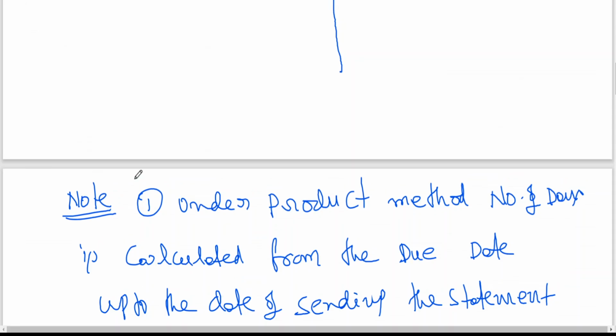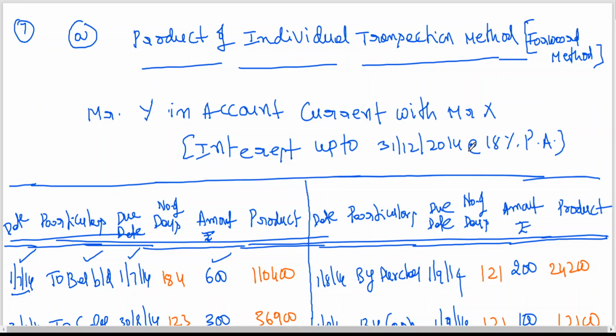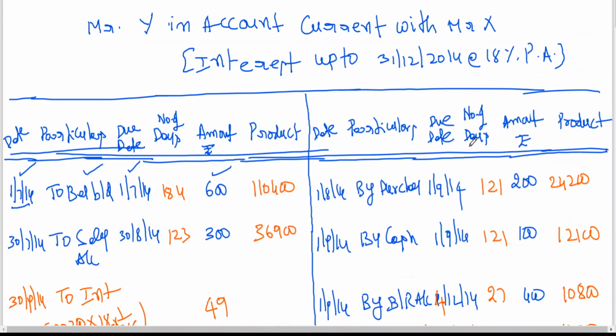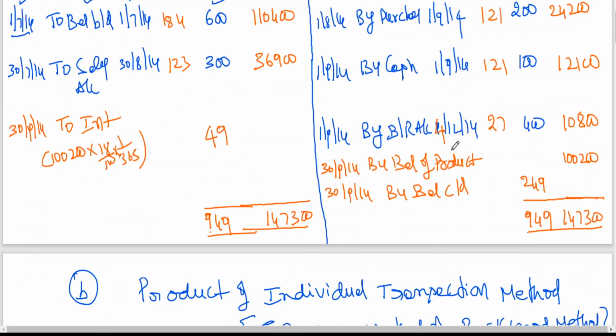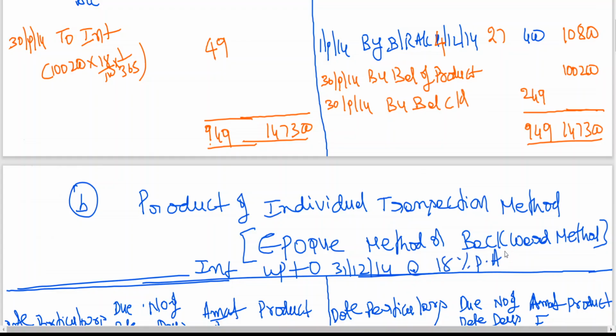Here, up to the date of sending statement means the same thing: interest up to 31st December 14 at the rate of 18% per annum.